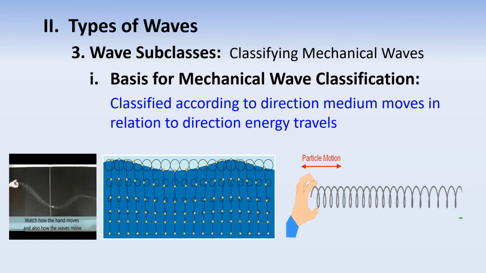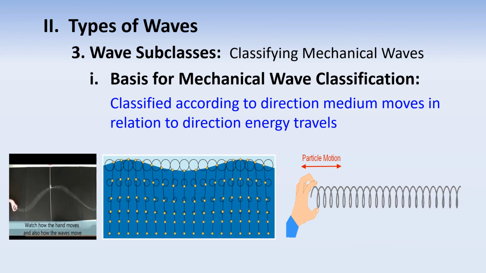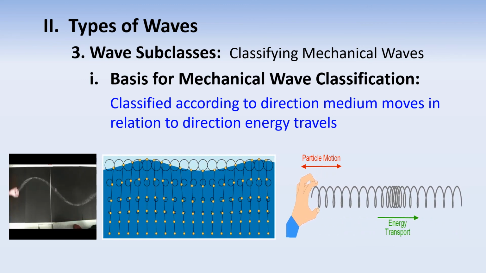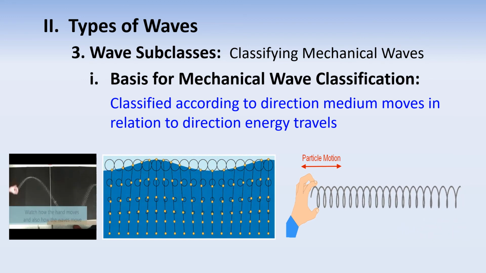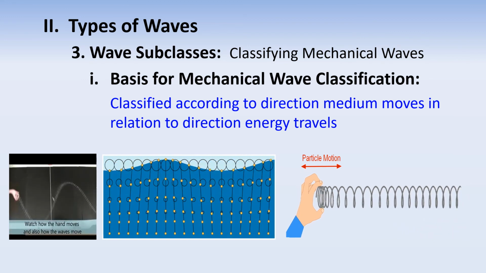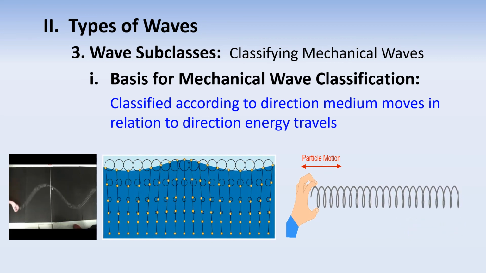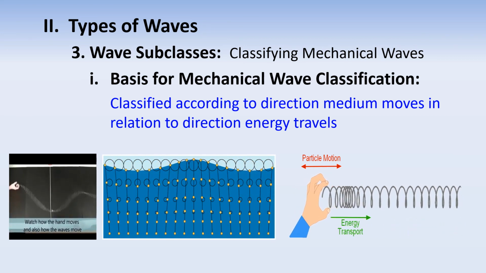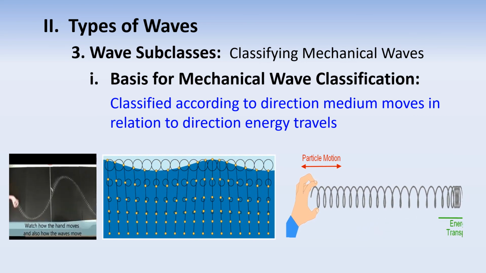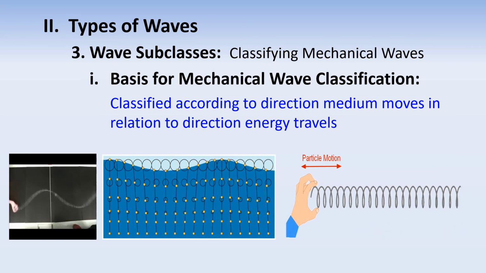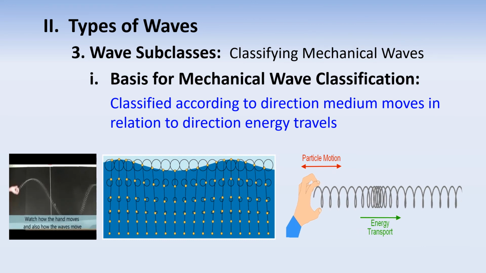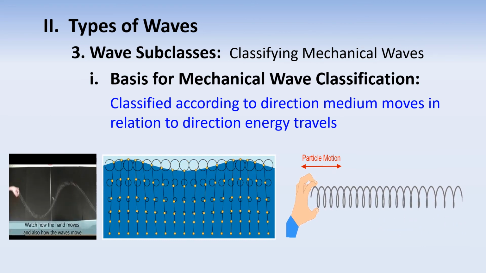And you can see here in some of these examples, I'm showing you examples of really three classes of mechanical waves: transverse, surface, and longitudinal waves. And we'll take a look specifically in the next slide to see the relationship between the direction of medium motion or particle motion in the medium versus the direction the energy travels in the medium.